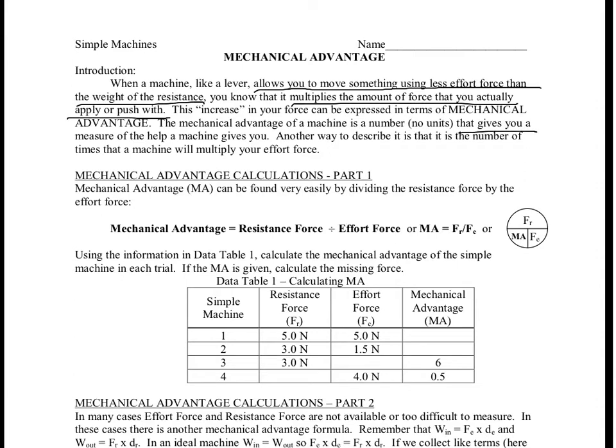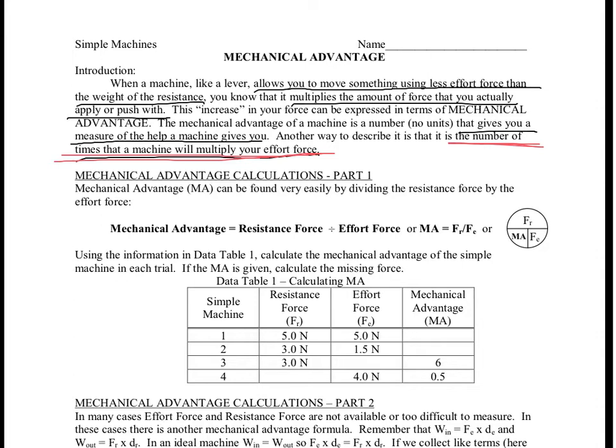It gives you a measure of how much help the machine is giving you in doing that work. It's how many times that machine multiplies your effort. That's mechanical advantage: how many times the machine will multiply your effort force.